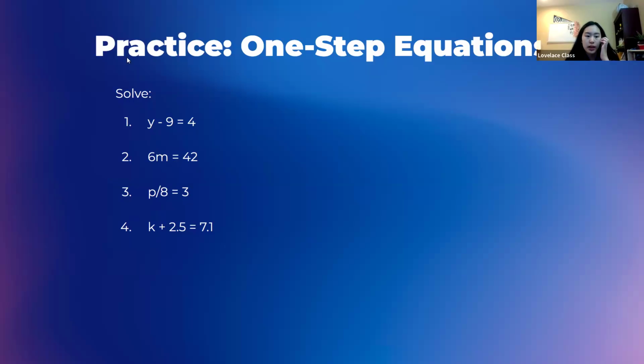I'm going to give you guys a minute so that everyone can find the answer to these questions. And when you're done, you should raise your hand if you have an answer for all 4 of these, and then I'll have someone explain each question. I want to have as many people be able to do these as possible. So you have a minute to practice this, and then we'll go over the answers in a second.